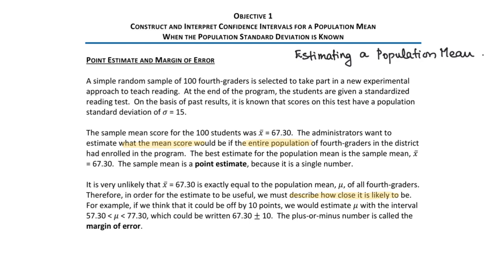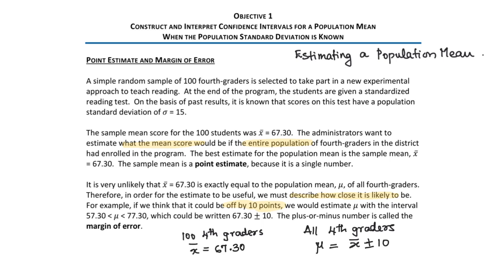For example, if we think that it could be off by 10 points. For the 100 4th graders, the mean is 67.30. If you are considering all 4th graders in the district, we are assuming that it could be off by 10 points. That means the population mean will be plus or minus 10 points from the sample mean.